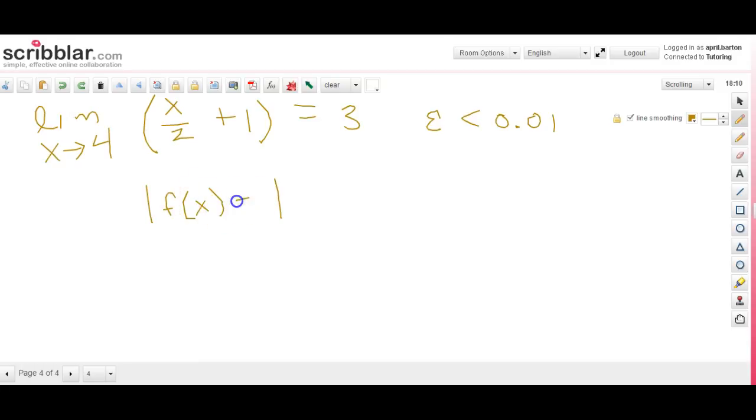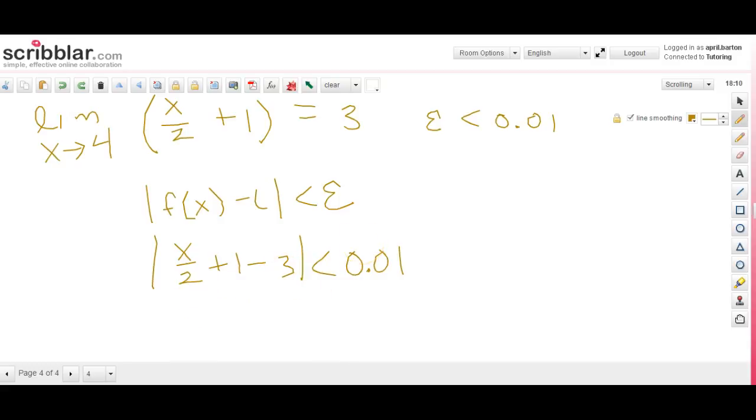So we want to still take our formal definition for epsilon and plug in what we know. F of x is the function, x over 2 plus 1. L is 3, that was our limit, is less than epsilon. We want epsilon to be 0.01. So again, we want to simplify.